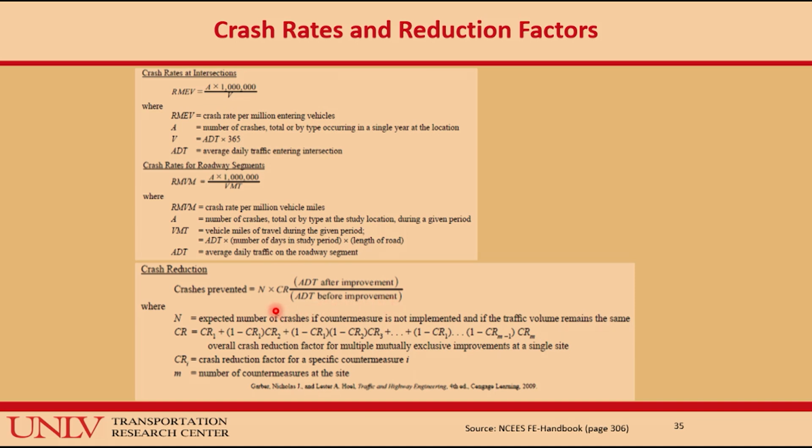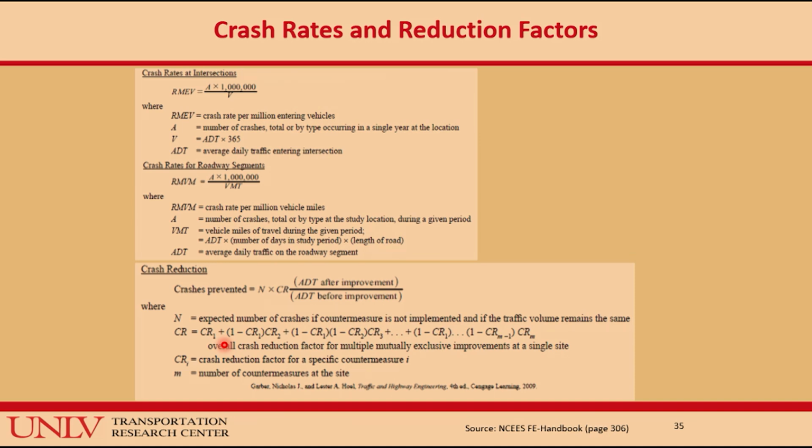So for each countermeasure we will have a reduction factor. So if you have multiple countermeasures, how do you account for all of that? This combined CR will be CR1 plus (1 minus CR1) times CR2 plus (1 minus CR1) multiplied by (1 minus CR2) multiplied by CR3.